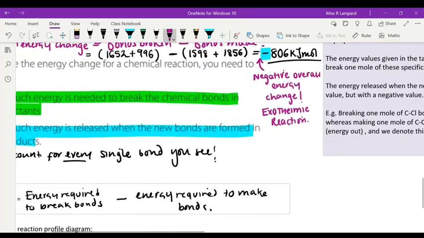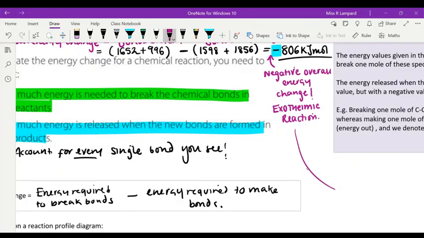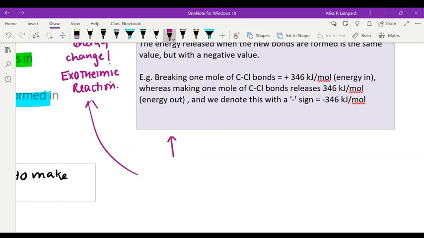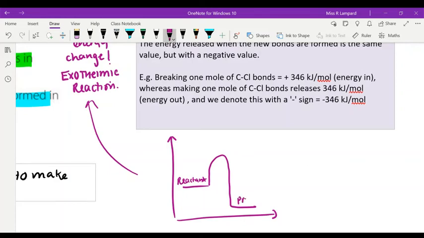Now let's just contextualize how we know that's exothermic. We remember that if energy is released to the surroundings, if I just sketch this on a reaction profile diagram, okay, we've got our reactants, put up our activation energy in, and our products. Okay, just a reminder that the overall energy change is negative if it is an exothermic reaction.